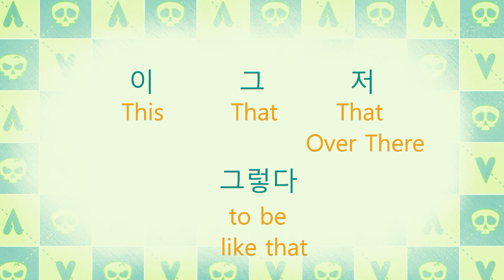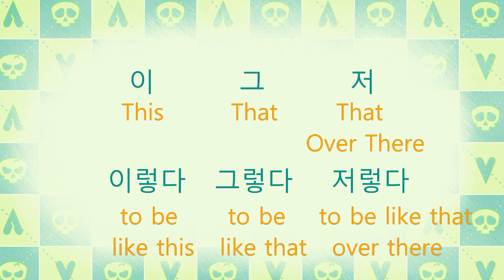Now, I'm not going to get into adjectives and verbs in this lesson, but I felt like I should at least introduce you to the concept very briefly here. And 이러다, 그러다, and 저러다 I think is a good place to start because it goes along with the same concept as 이, 그, and 저. This, that, and that over there.